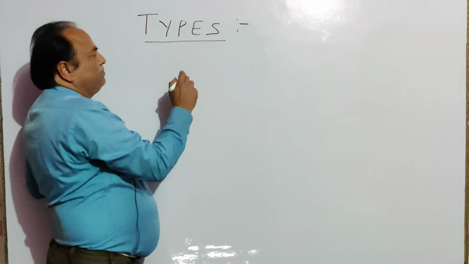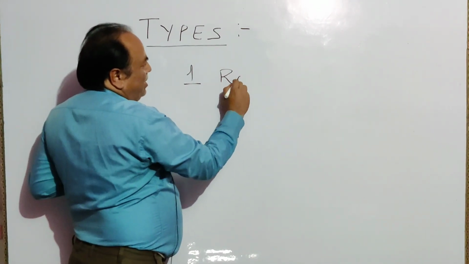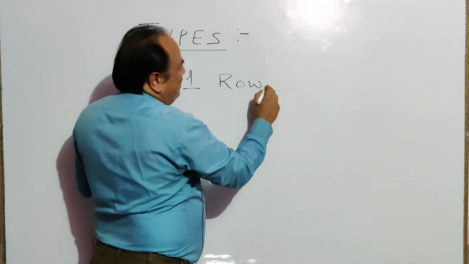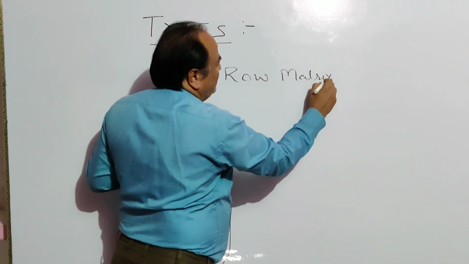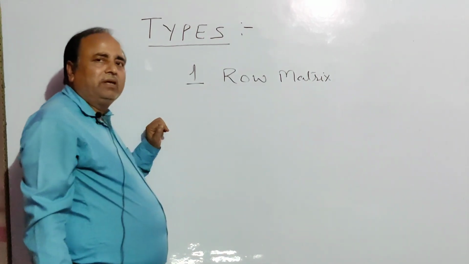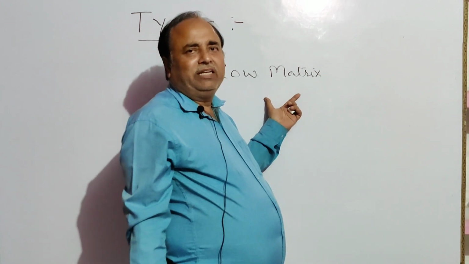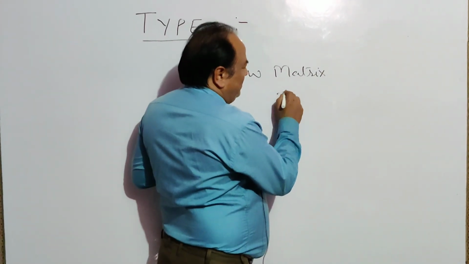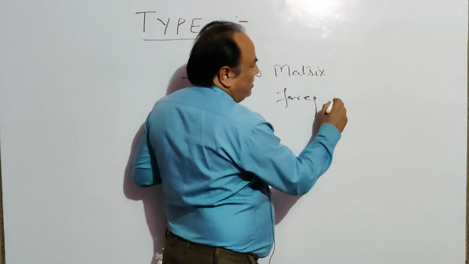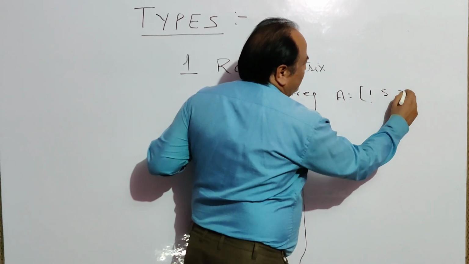Row matrix, as its name suggests: a matrix which contains only one row is known as row matrix. For example, A is equal to 1, 5, 7.